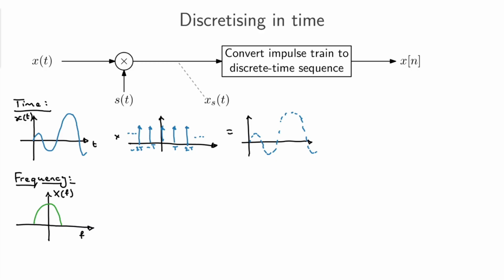The first impulse is at time T, at 2T there's an impulse, at 3T there's an impulse, and so on. The heights of these impulses would just be whatever x is at 3T, this would be x at 2T.